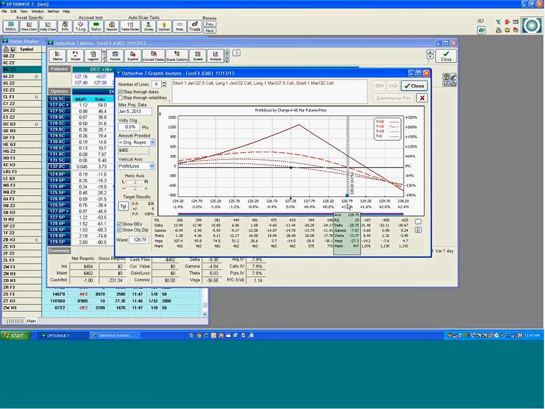Profits on the upside come over time, not in the short run, but over time. The break-even turns out to be 128.82. Any profits in here, whether it be $300, $400, those are extremely high returns on margin because the margin is only $465.